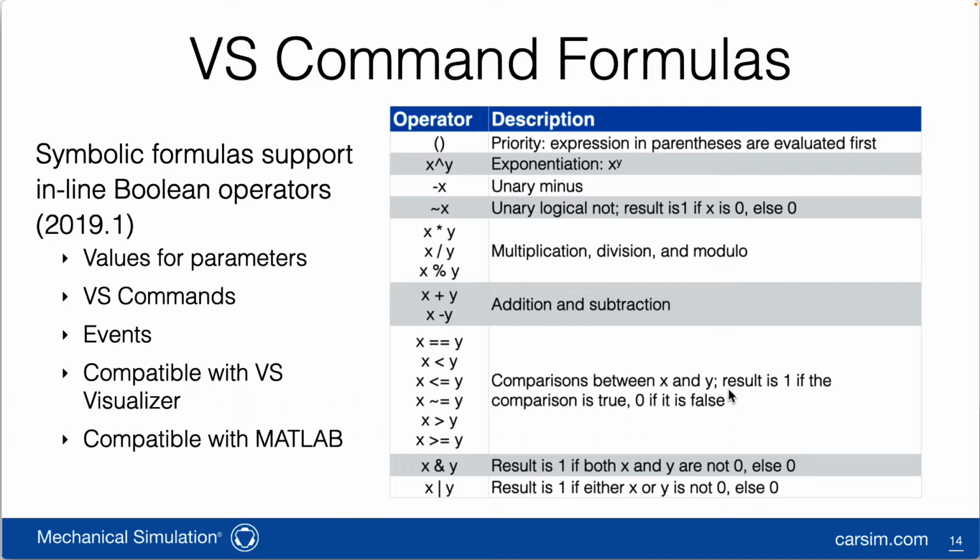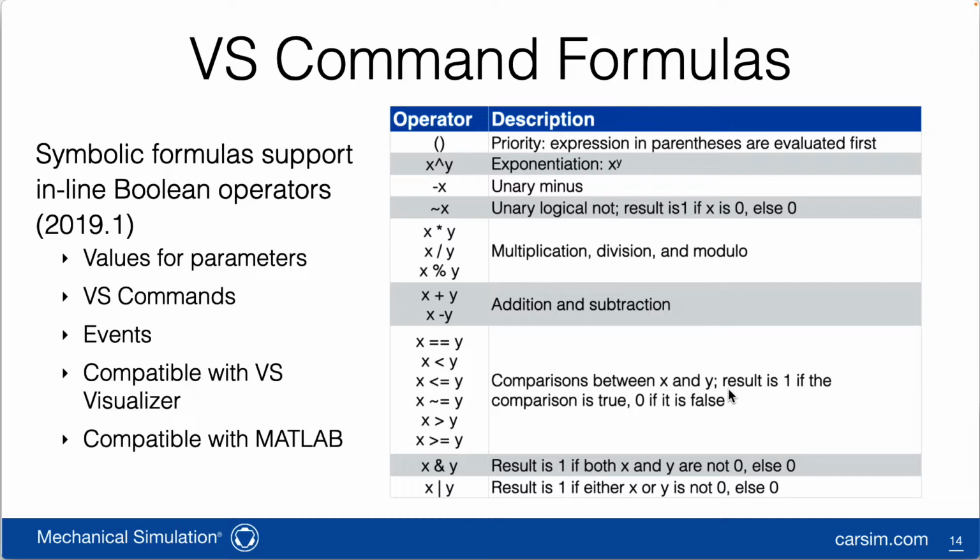So now we can have formulas that have not only arithmetic functions but Boolean operations. And that becomes really important when looking at events. Most of our users are familiar with MATLAB, so we're using exactly the same syntax that MATLAB has. And also our visualizer makes use of these formulas.